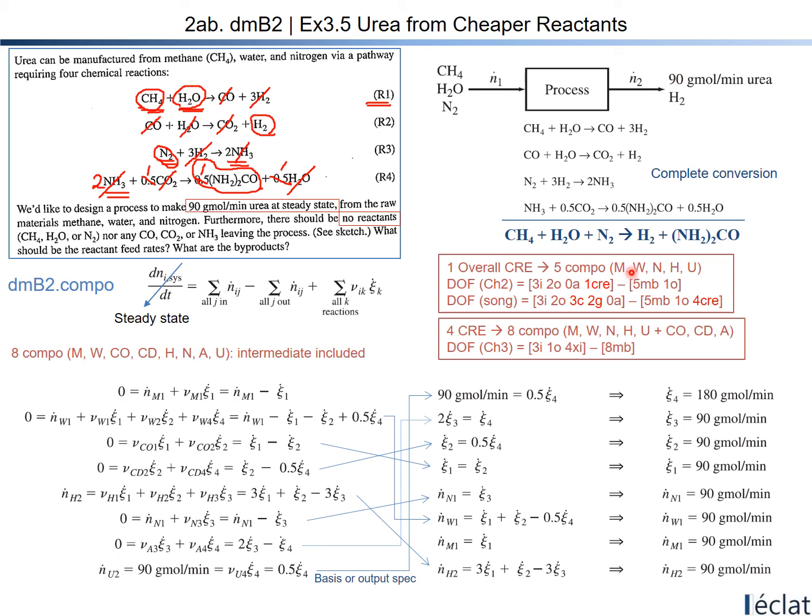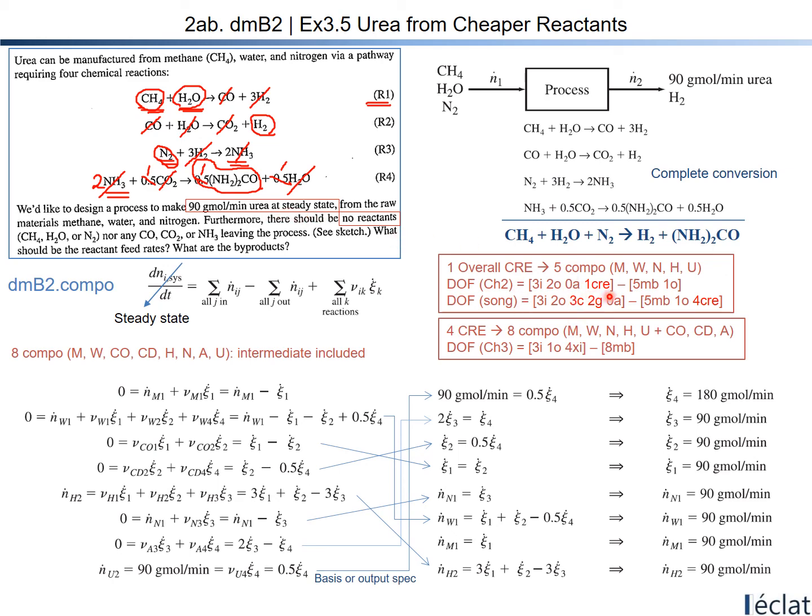So let's count the degree of freedom by using the textbook method from chapter 2. Input 1, 2, 3. 3 input variables are there, and 1, 2. 2 output variables are there, and then let's go to the system. No accumulation because this process is working on the steady state.